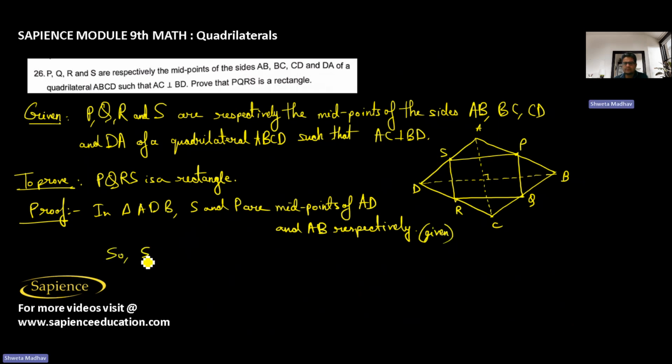So I can say SP is parallel to DB, and SP equals half of DB by using the midpoint theorem.